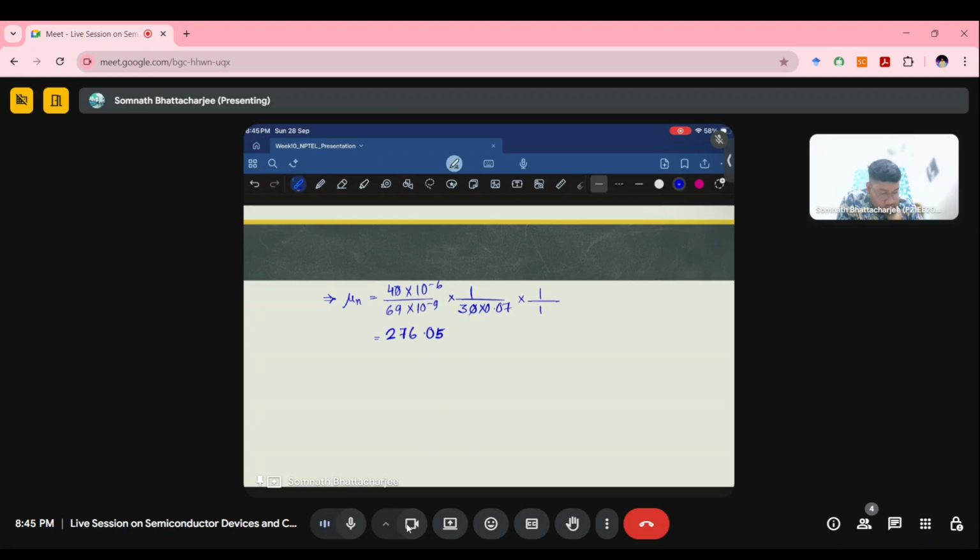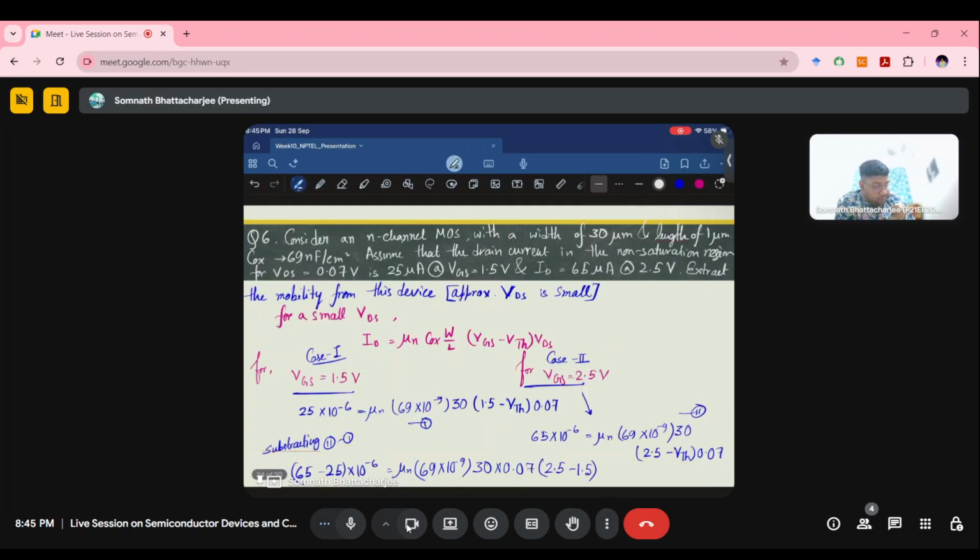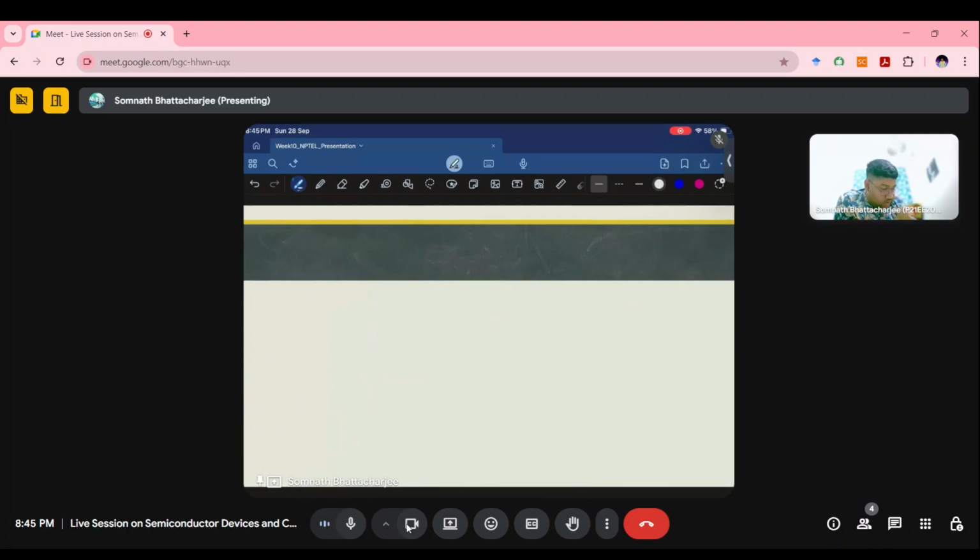So the value is this, 522 something. So let's write it like this. So the value of mobility is in centimeter square per volt second, I guess. Okay, sorry. So let's move on to the next one.